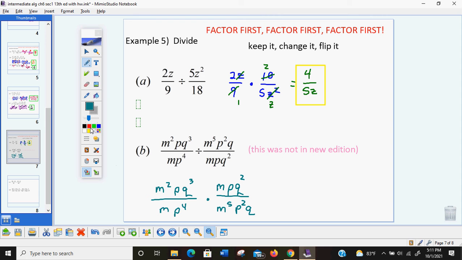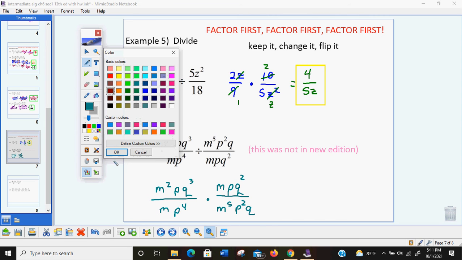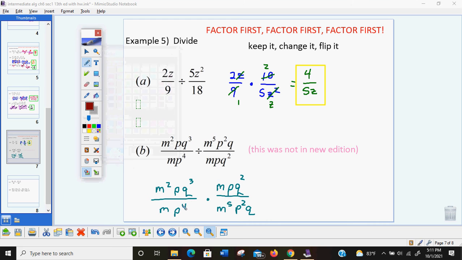So let's do cross-canceling first on this one. I think it might work out a little bit better. So let's cross-cancel. So let's see. If I have an m here and an m here, that's going to go. I have 1p here and 4 there. So that's going to change that to p to the 3rd. I don't have any q's, that won't cancel. Let's look this way. I have 2 m's here and 5 there.